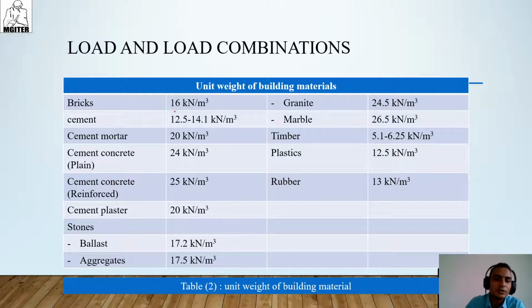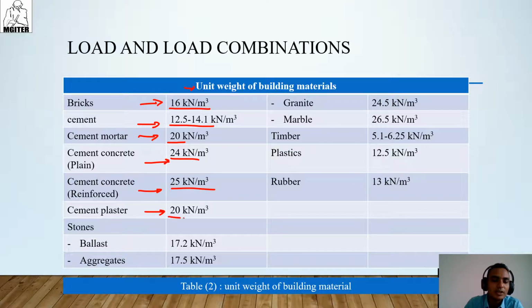So these are some unit weights of building materials. Brick has 60 kN per meter cube. Cement has 12.5 to 40.1 kN per meter cube. Cement mortar 20 kN per meter cube. Cement concrete 24 kN per meter cube. Cement concrete 25 kN per meter cube. Cement plaster 20 kN per meter cube.